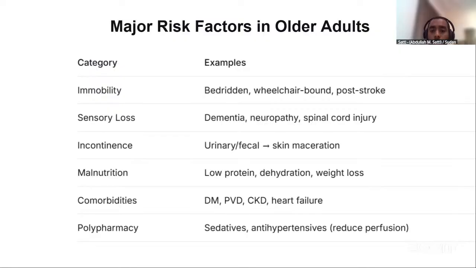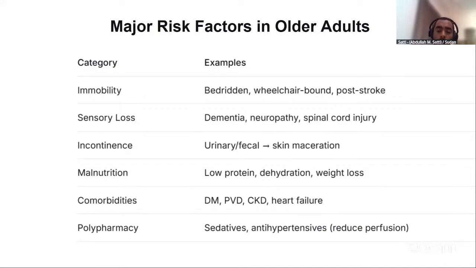So talking about the risk factors, especially in geriatric patients, number one is immobility. Immobility is the main cause of pressure ulcer because our body is heavy, and when this heavy body is attached to the bed most of the time, this creates pressure on the sides of the body.